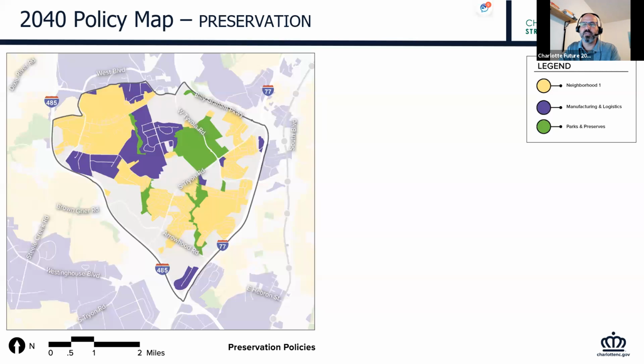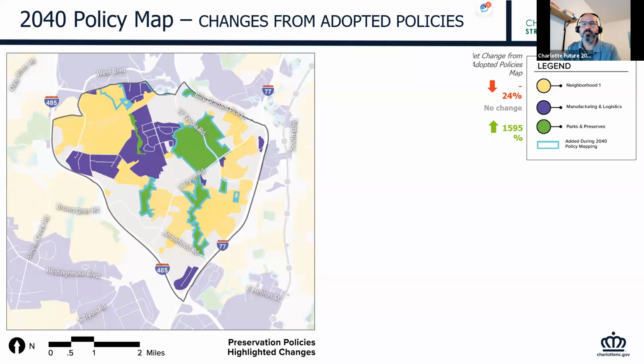You can see those 3 place types shown on this map. In some areas, these place types were already preserved based on adopted policies. The areas highlighted in blue show additional areas where these place types were preserved as part of this step. You can see the percentage change in these place type assignments on the right of the slide.